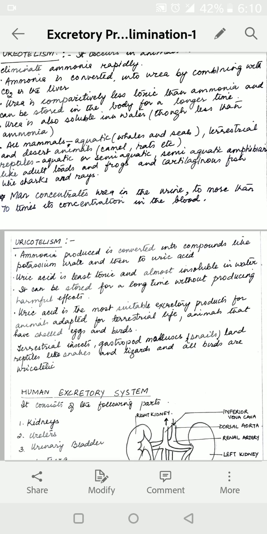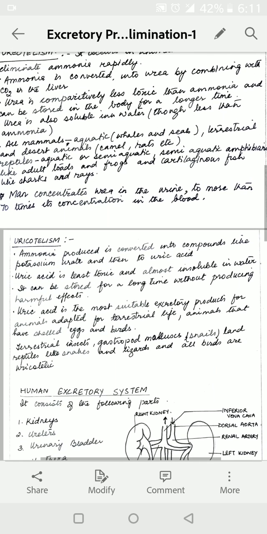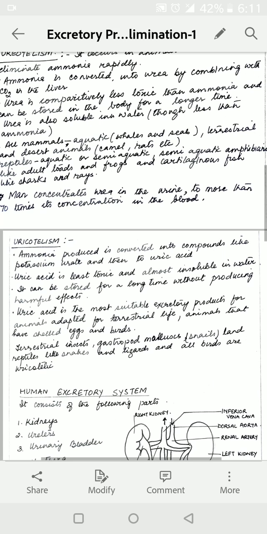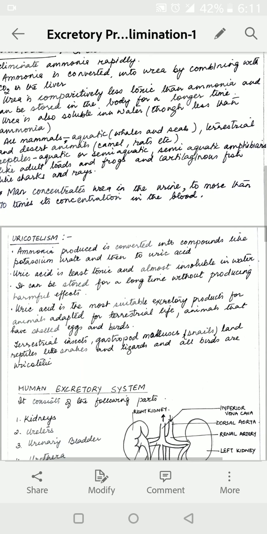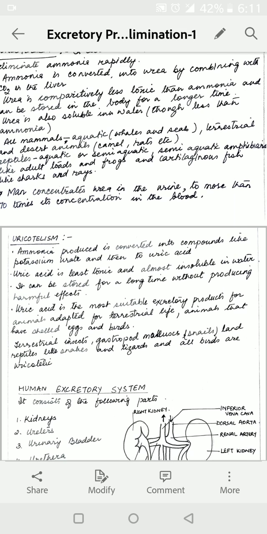Now, in mammals, the soluble wastes like ammonia and urea pass out into the mother's blood during the developmental stages in the embryo. However, in the case of shelled eggs of birds and reptiles, there are fine pores present which are permeable to gases only.